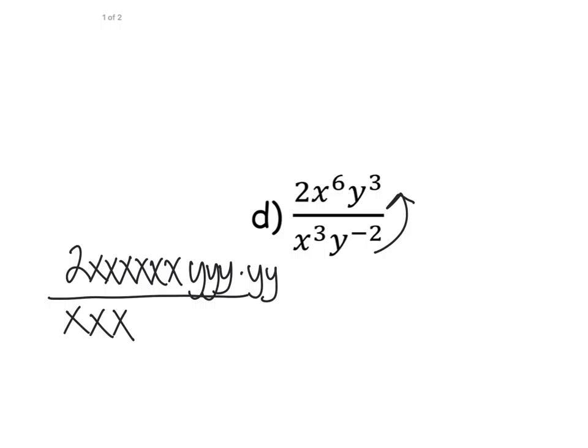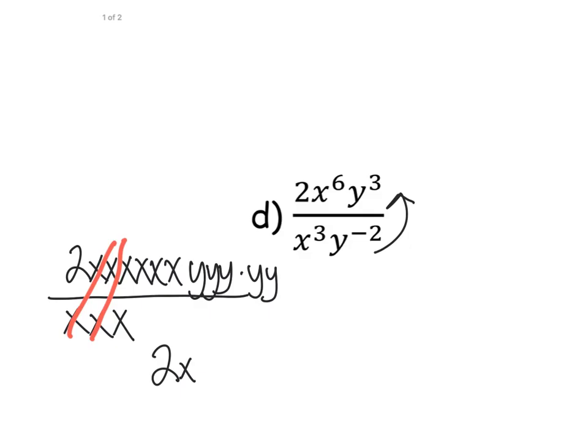Cross out what you can. X, X. That's all I can do. Okay, 2. How many X's do I have there? 3, 4.